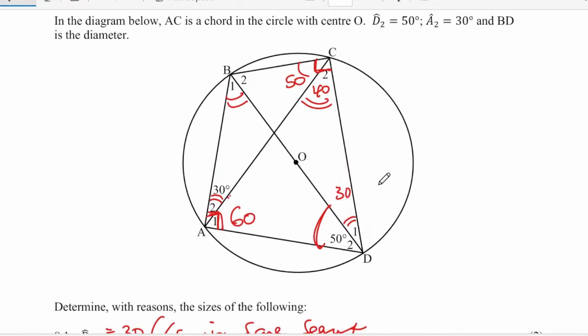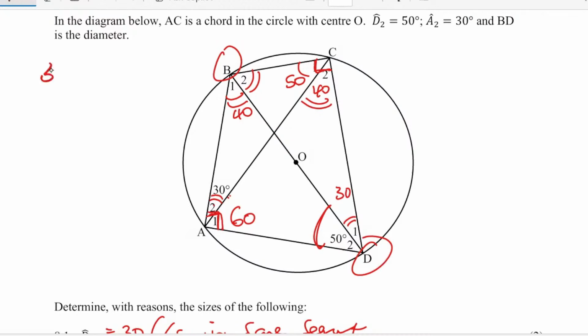And then lastly, they want us to get B2. Okay, so if this is 50, this is 30, we can find B2 using the angles in triangle ABC, or we can also look at the whole of B and the whole of D as the opposite angles of a cyclic quad, whichever one.